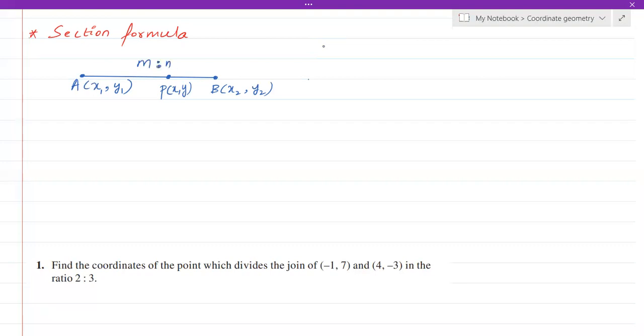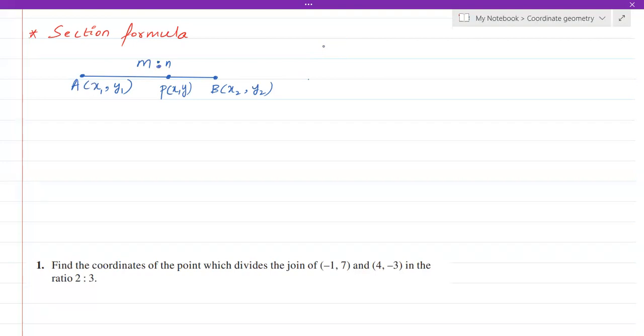Now, the coordinate of P can be found. That is the section formula. We say the point P is dividing the line segment internally because the point is in between A and B. You can also divide the line segment externally, but here we are going to talk only about internal section.